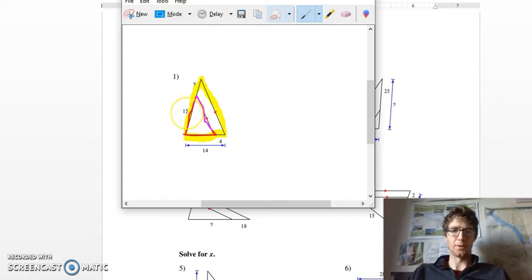So, for instance, here the 15 is proportional to the whole thing in yellow. So we call that x, and that's going to be the distance from here all the way down.